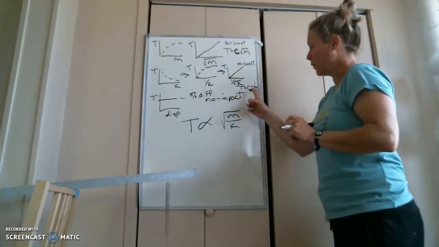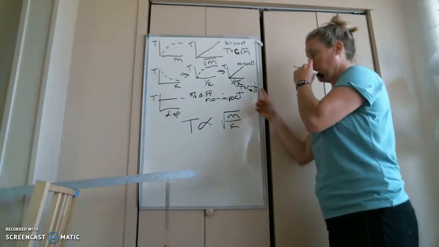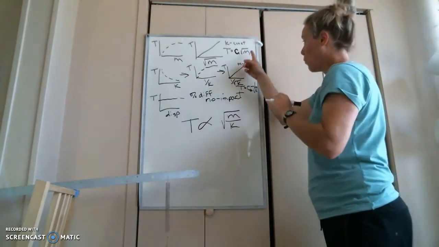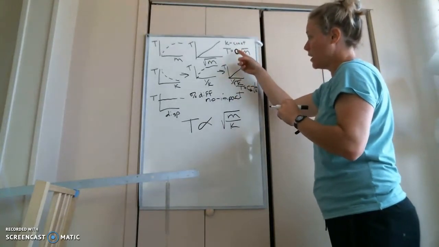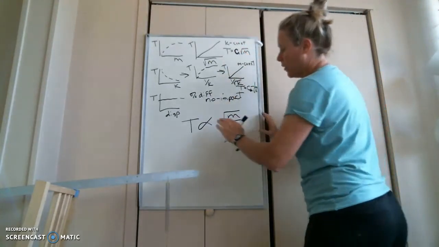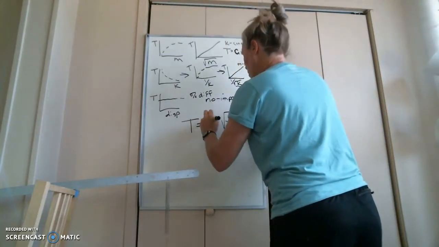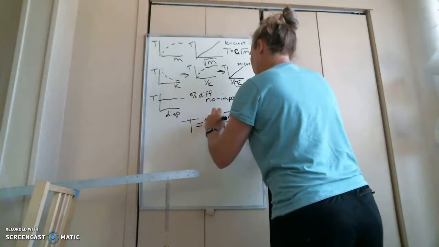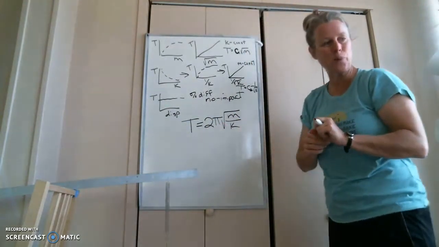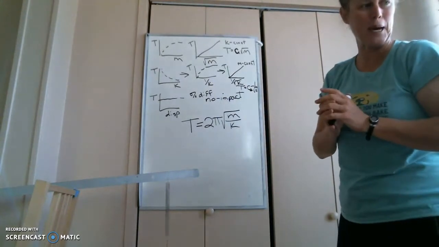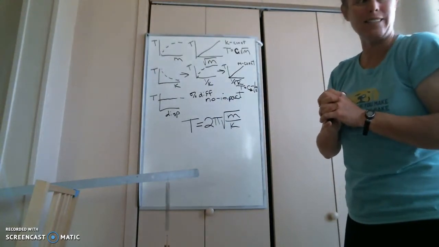What we would find if we plugged in the constant mass, or if we plugged in the constant k, instead of a proportional statement, we would have found our number to be close to 6.28, which is pretty stinking cool, okay? So I wanted to demo something.